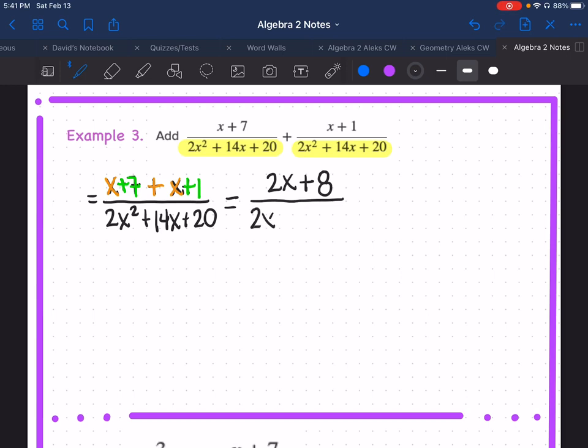In the denominator, I see that I have a 2x squared, I have a 14x, and I have a 20. 2, 14, and 20 are also all even, so I can take a 2 away from them as well. So I'm going to grab my lighter shade of gray, and I'm just going to come up here and say, well, 2x is 1 times 2 times x, and 8 is 2 times 4.